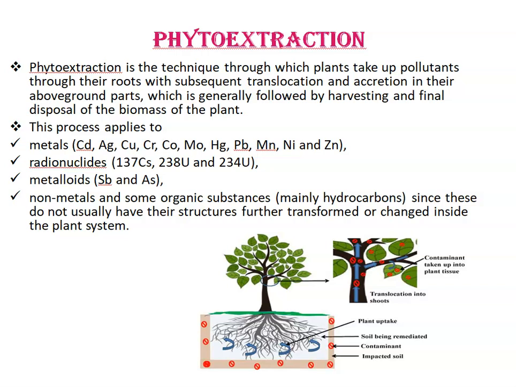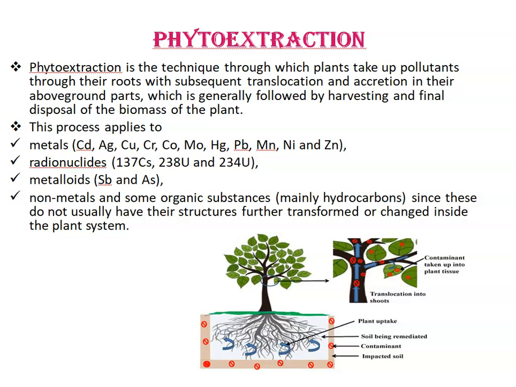Then hyperaccumulators. Hyperaccumulators are plants that contain high level of metal pollutants concentrated in their root systems. Also, shoots and foliage. Metal accumulating species can concentrate most heavy metals such as cadmium, zinc, nickel, cobalt, lead, and manganese at levels equal to 100 or 1,000 times those in excluded plant species.